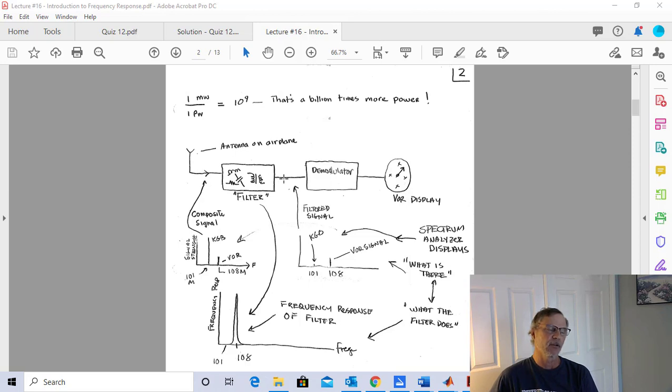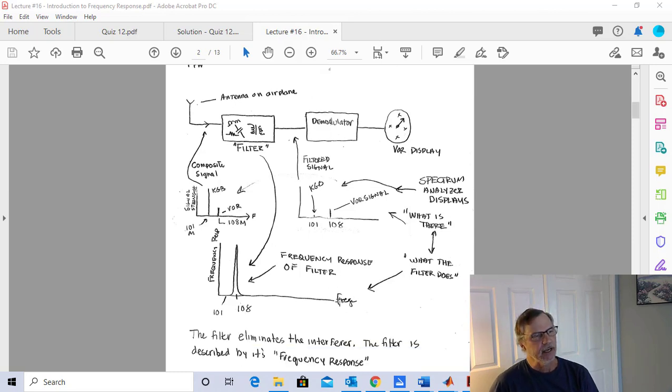So I'm going to run my signal through the filter, and I'm going to show you a different plot. This plot is also a frequency domain plot, just like the spectrum analyzer, but what it's showing is the response of this filter at each frequency. So for this particular filter, if the frequency is 101 megahertz, you get no response, or hardly any. But if the frequency is 108 megahertz, this filter says, come on through, and lets it right through.